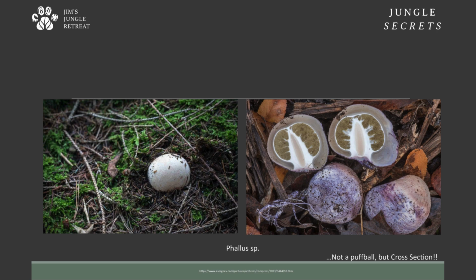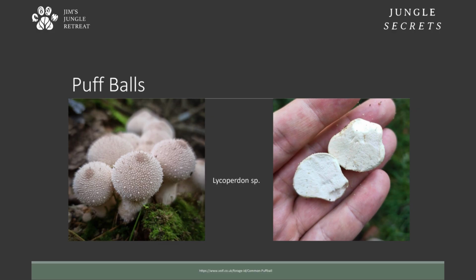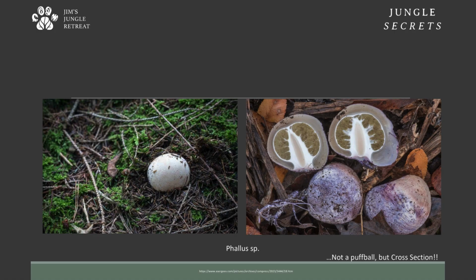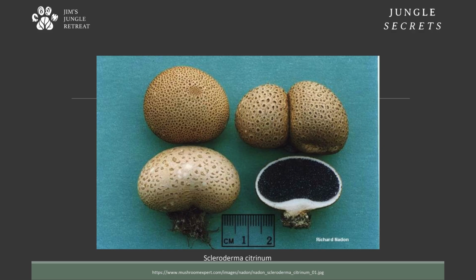There are certain stink horns which start with an egg, and when you cut them, you will figure out that it's a stink horn, it's not a puff ball. So a cross section of a puff ball or egg-like mushrooms is very important for identifying it correctly. You see, this is Scleroderma citrinum, and it has a really thick outer margin compared to, say, a Lycoperdon over here.